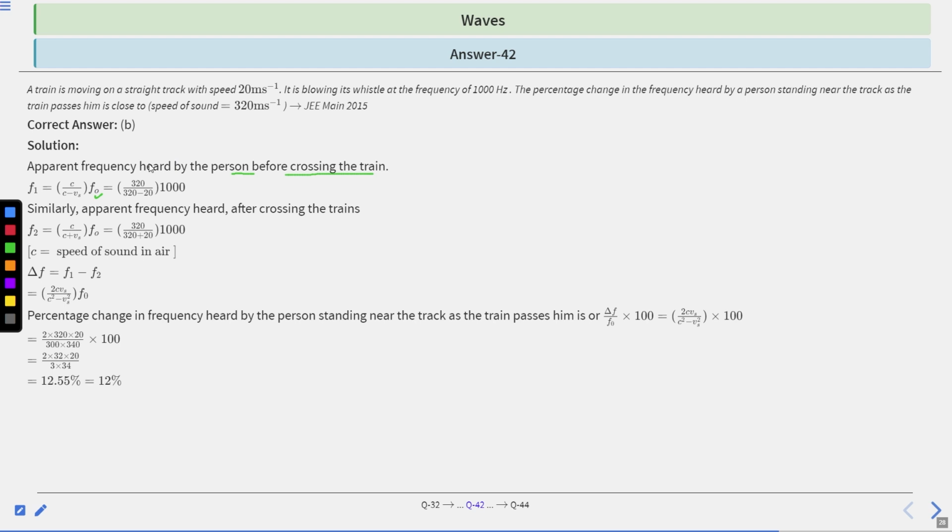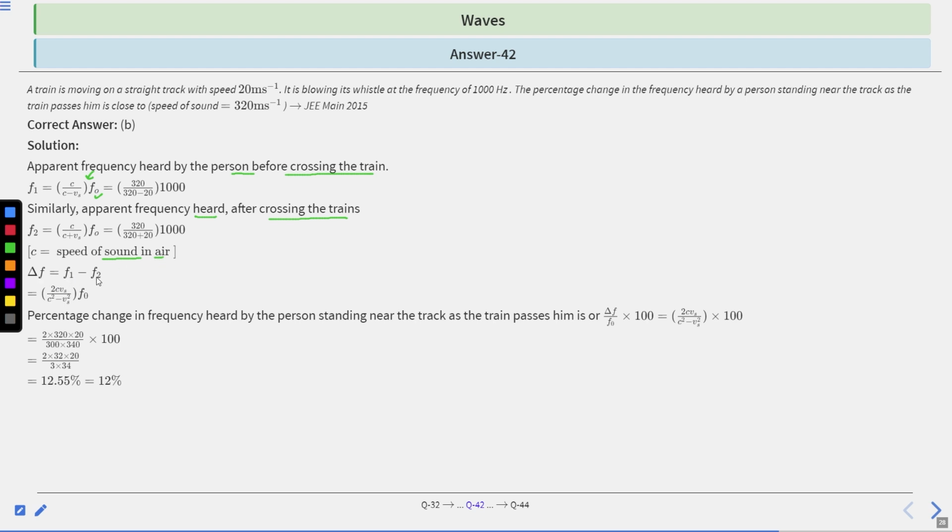Putting all the given terms in this formula, F1 is equal to 320 divided by 320 minus V, multiplied by 1000. Similarly, the apparent frequency heard after the train crosses, F2, is equal to C divided by C plus Vs, multiplied by F0. After putting in the values, it is equal to 320 divided by 320 plus 20, multiplied by 1000, where C is the speed of sound in air.